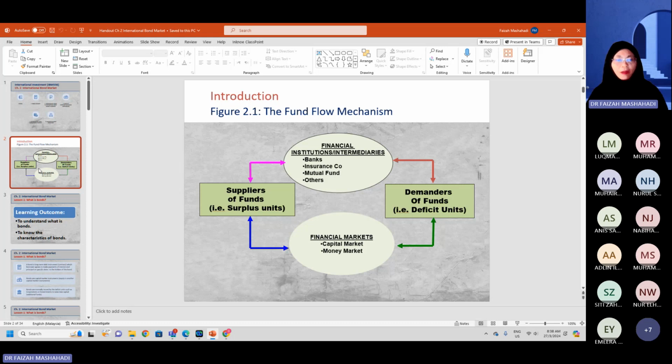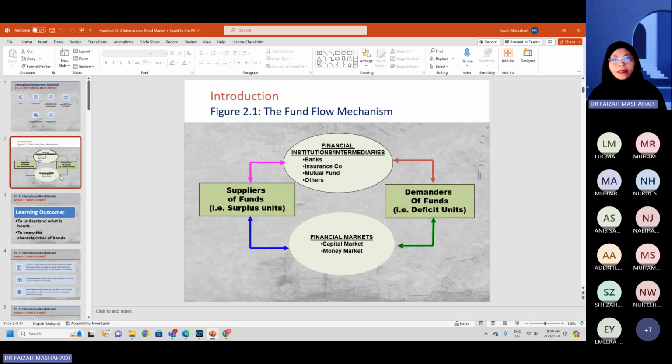Bonds are under the capital market because they are categorized as long-term paper. The money market is for papers with short-term maturity, but bonds can be up to 30 years. So that's why they are categorized under the capital market, which is a component of the financial market.